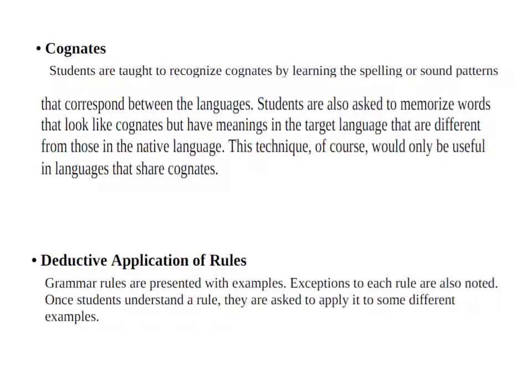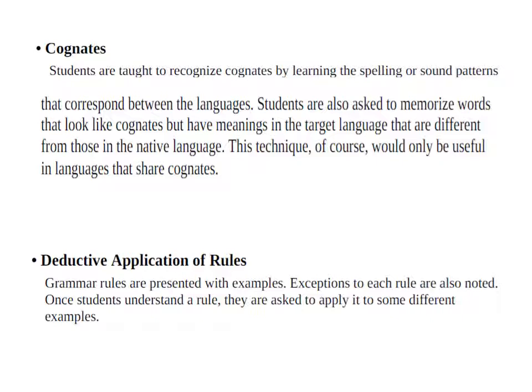Students are taught to recognize cognates by learning the spelling or the sound patterns that correspond between the languages. Students are also asked to memorize words that look like cognates but have meanings in the target language that are different from those in the native language.